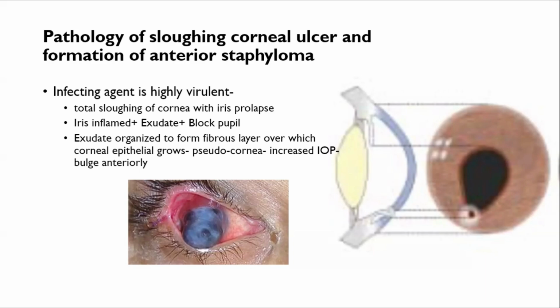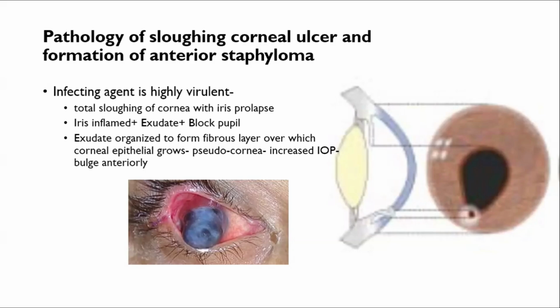This extreme damage results in the exposure and prolapse of the iris. The corneal tissue deteriorates completely, leading to a severe loss of corneal structure. During this process, the iris becomes inflamed and there is an accumulation of exudate. The inflammation can also cause the pupil to become blocked, further complicating the condition.